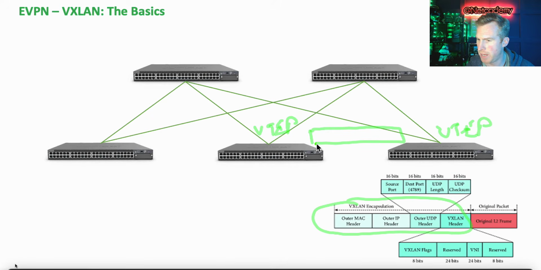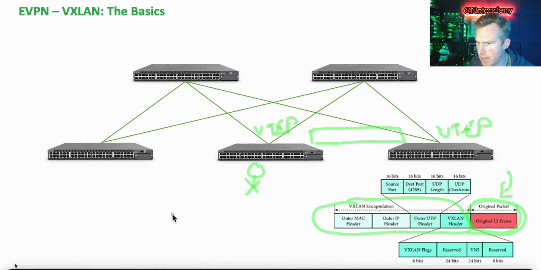So when you've got that user sending information, the VTEP will take that original Ethernet frame, with the original source and destination IP address, etc., and encapsulate it within the VXLAN header.